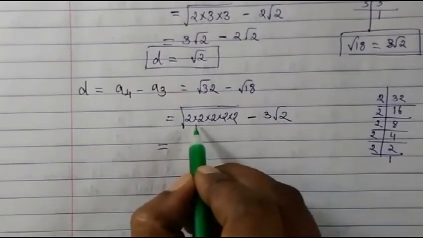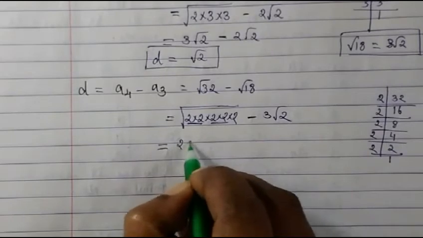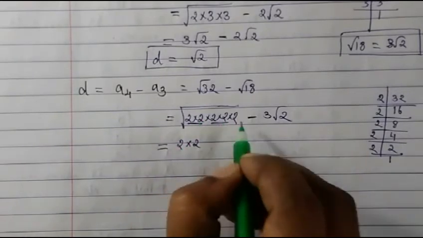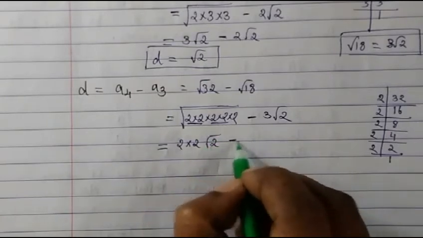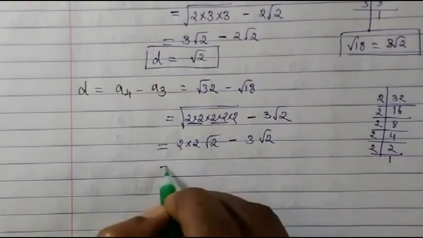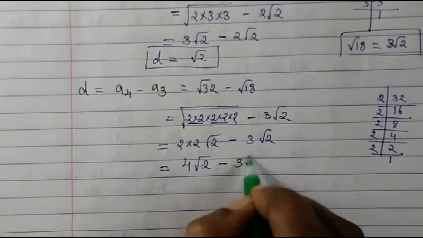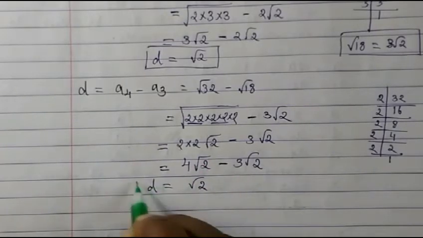Now here one pairing is there, and here also one pairing. So 2 times it will be out. From this pairing one out, from this pairing another one out. Now the remaining one will be inside. So we have 3 root 2. 2 2s are 4. So 4 times root 2 minus 3 times root 2 will give us 1 time root 2.